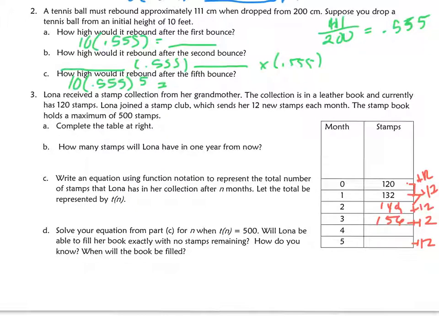Well, we can either use plus 12 for 7 more times, or we can realize that we've got a linear relationship here. In other words, it's adding 12 each time. That's the change. And it starts with 120. So M equals 12, and B equals 120.